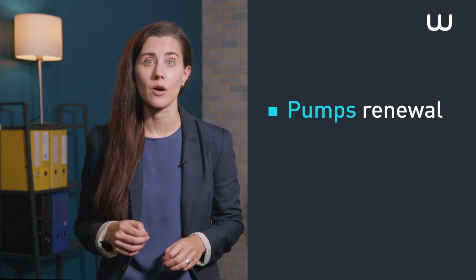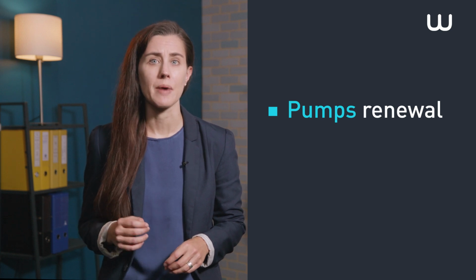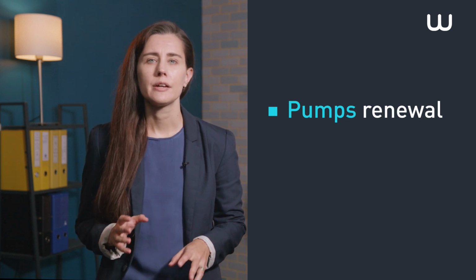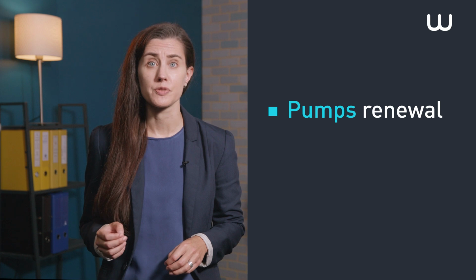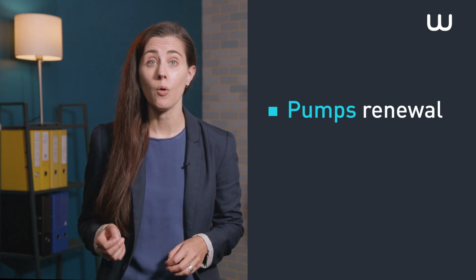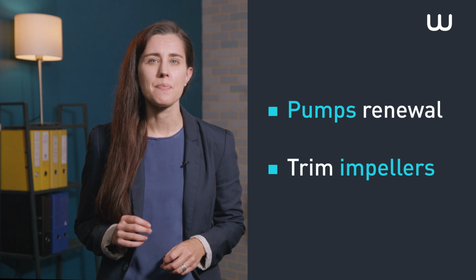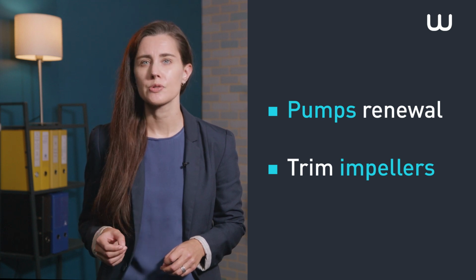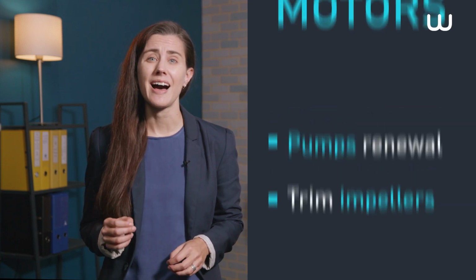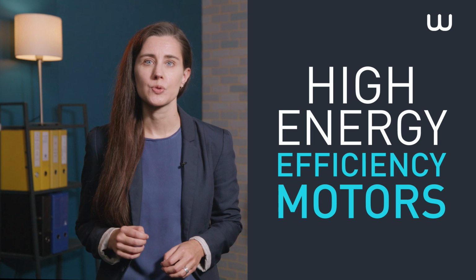If the existing pumps have been oversized and are consequently operating outside of the maximum efficiency range, it is possible to replace them with pumps with different characteristics or to trim impellers. In order to guarantee the best efficiency of pump motors, it is necessary to select high energy efficiency motors.